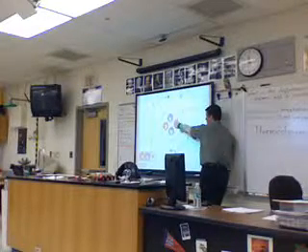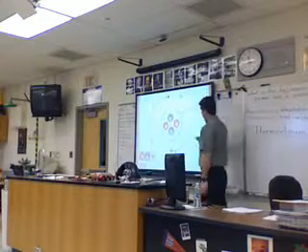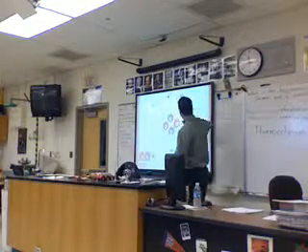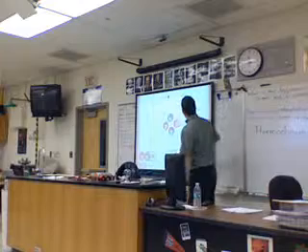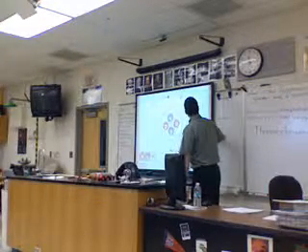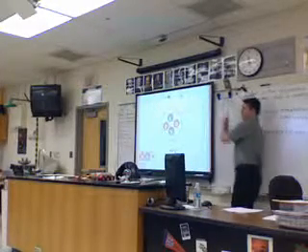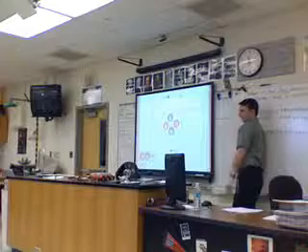The second thing that would be misleading is it looks like there's only one path for the electrons to go. There isn't. There could be another orbit out here with electrons in it, out here. Okay? And there could be another orbit out here. We call those shells. You'll learn more about that in chemistry.